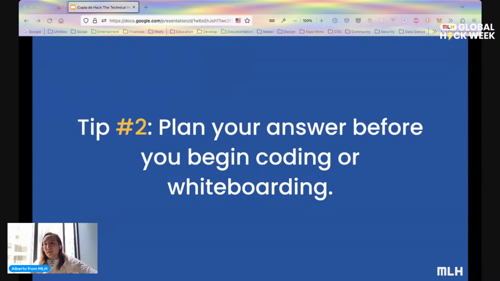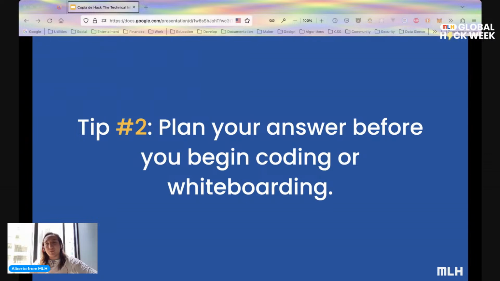A good tip here is to write some pseudo code, like open some comments and start writing the things you want the function to do, or the things the algorithm needs to return, or how they need to do it, and explain your process. That will give you an advantage because the interviewer will go with you through this process because you're speaking it. You're being very explicit on what you are doing.